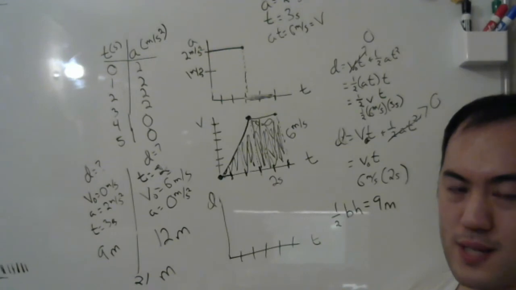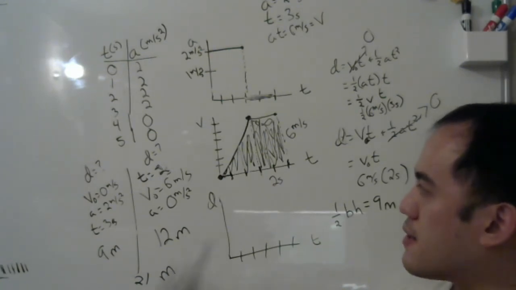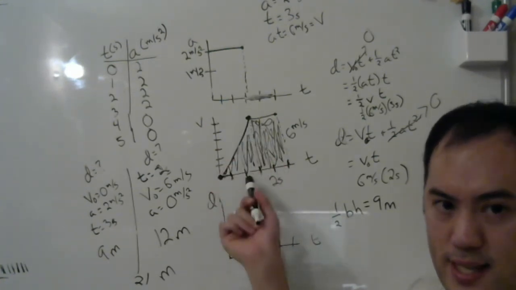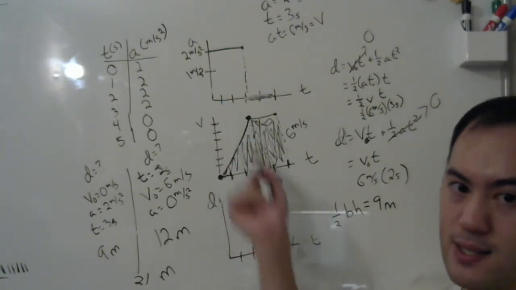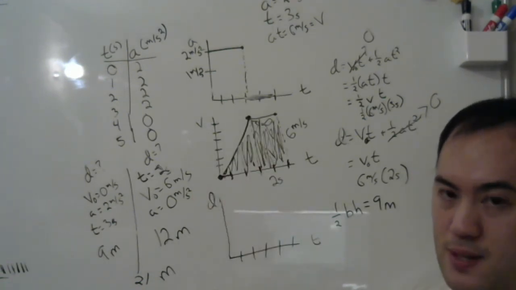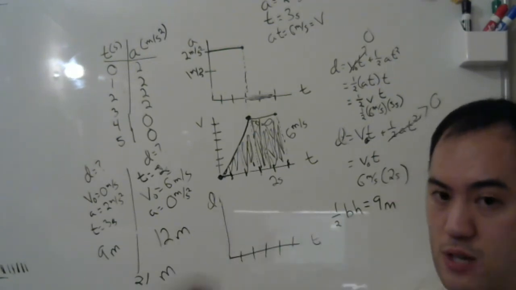So this is the trick to finding displacement from velocity versus time. The area under the graph, if you connect every point on the graph to the x-axis or the time axis, you'll make some kind of weird shape. If you have to calculate it, it would be something like a triangle or a rectangle or a trapezoid.